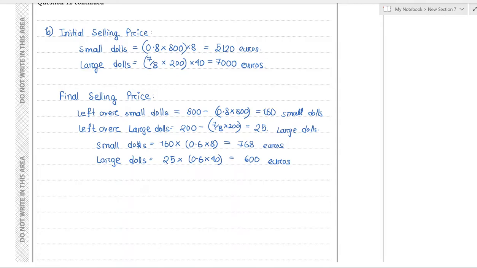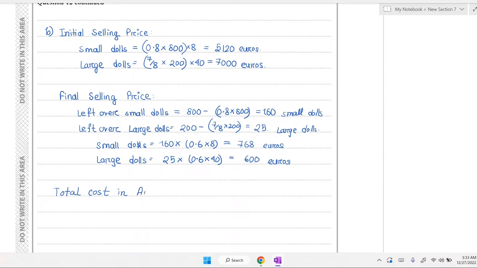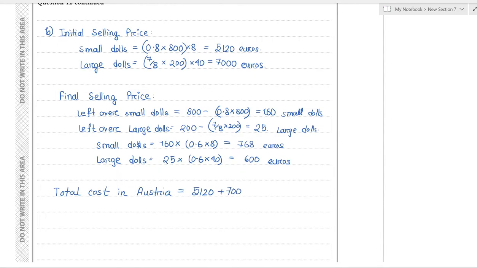And now, in order to find the total amount of money she got in Austria, the total selling price in Austria is 5120 plus 7000 plus 768 plus 600.